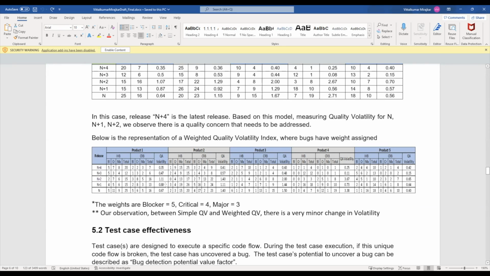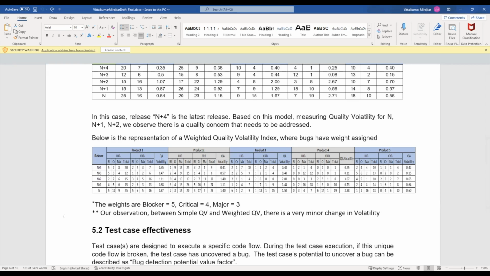Our observation has been that irrespective of simple or weighted volatility, the numbers are almost in a similar range. Going for weighted volatility measurement would force you to mine through the data and segregate it into different buckets, and that would eat up a lot of your time in analysis rather than taking corrective actions.